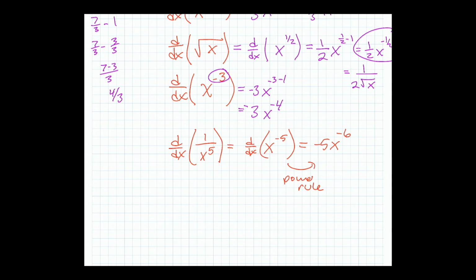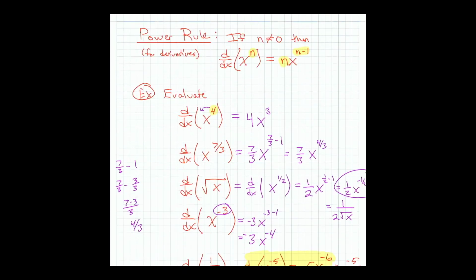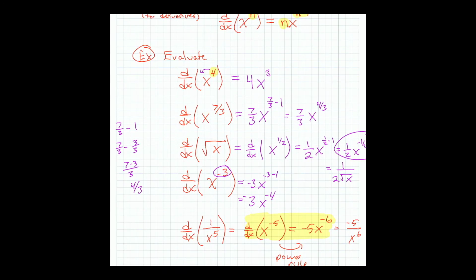After you do that, then you're free to write it back in the other form. Right? So the power rule is just this right here. The first bit of work and the last bit of work were just properties of exponents that you would know. Okay.